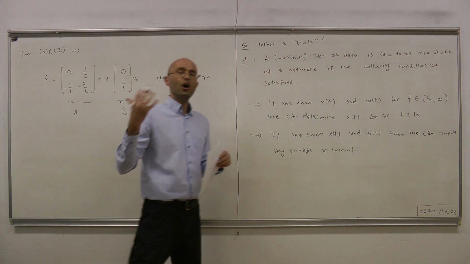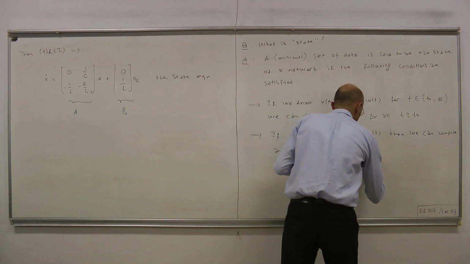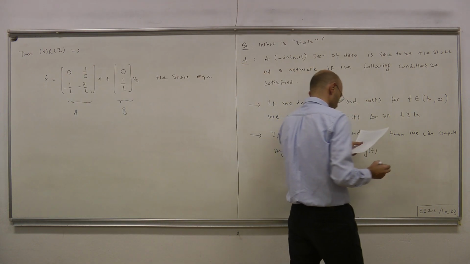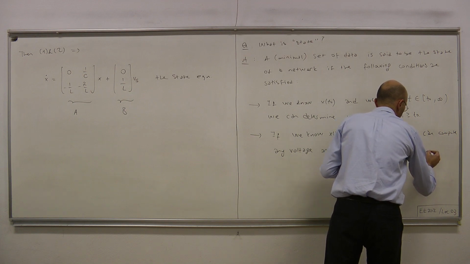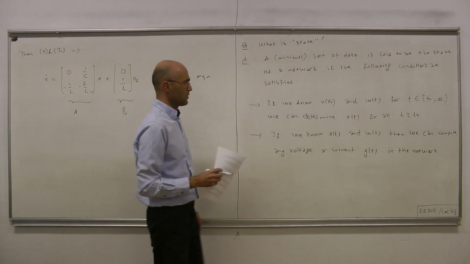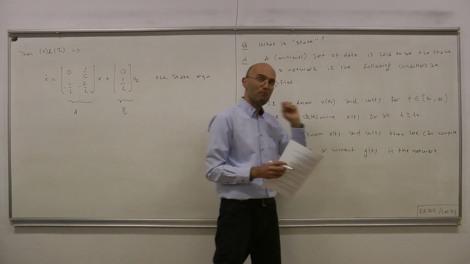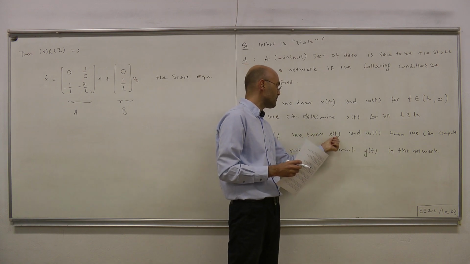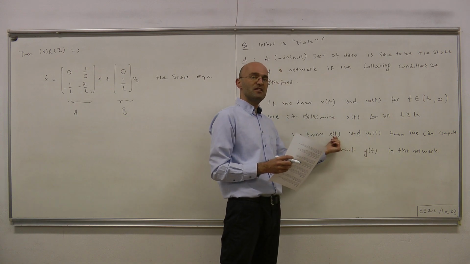We can call this the output of the circuit. Let's call it y of t in the network. So this value of y at that particular time t must depend only on the values of x and w at that particular time t.